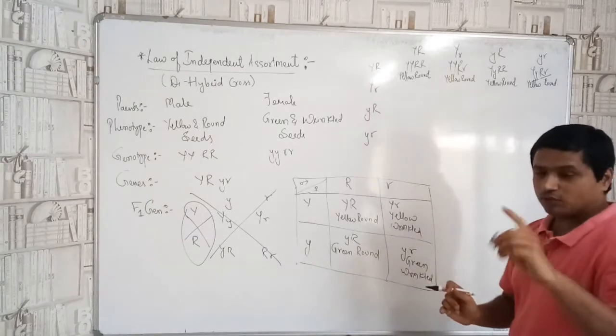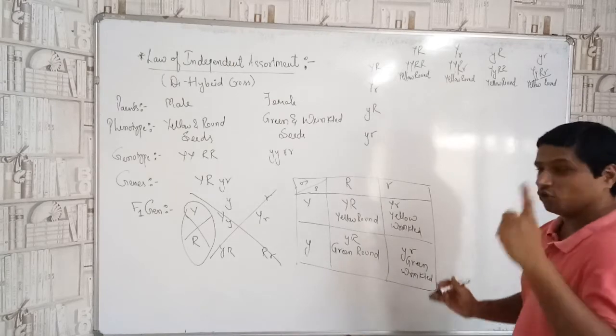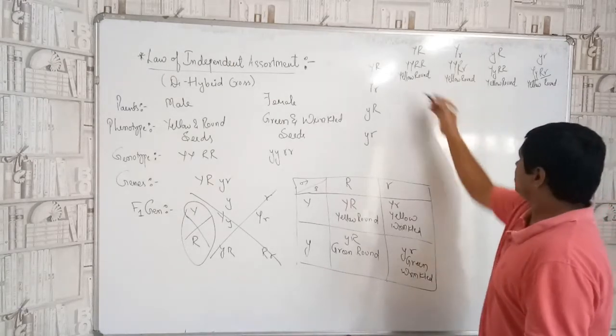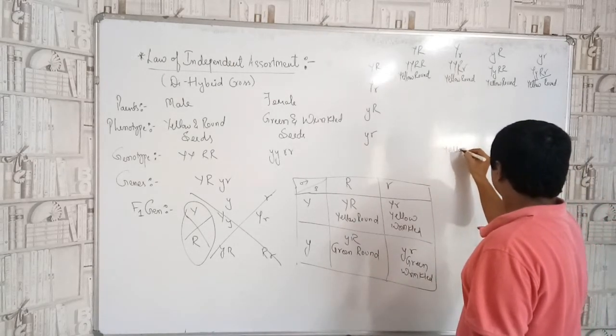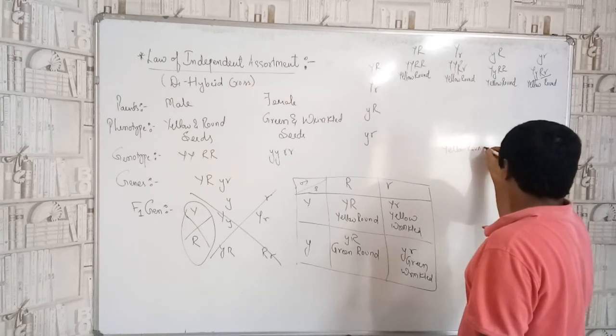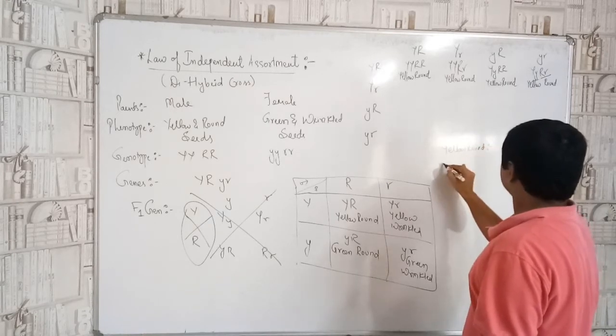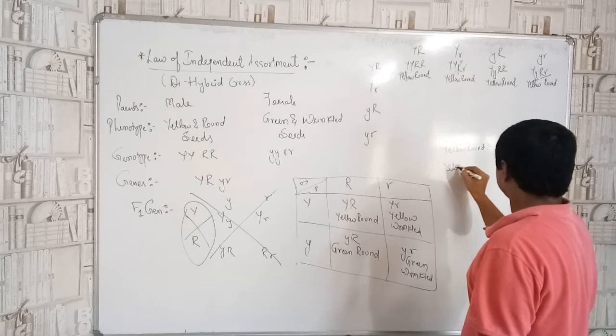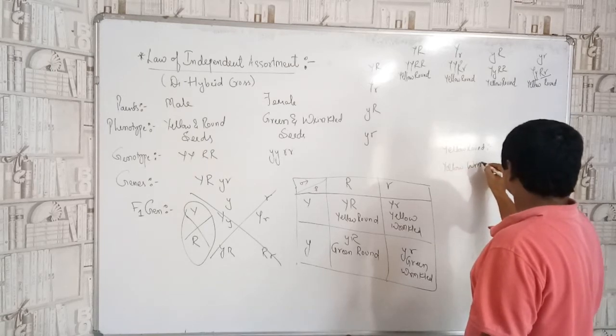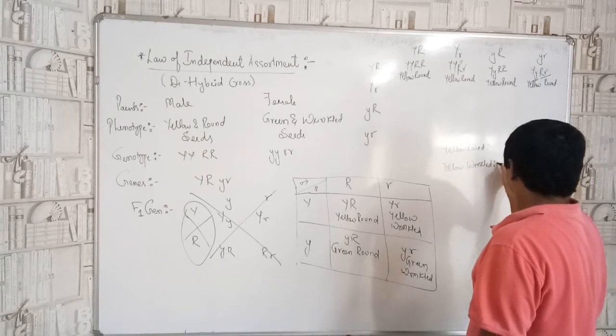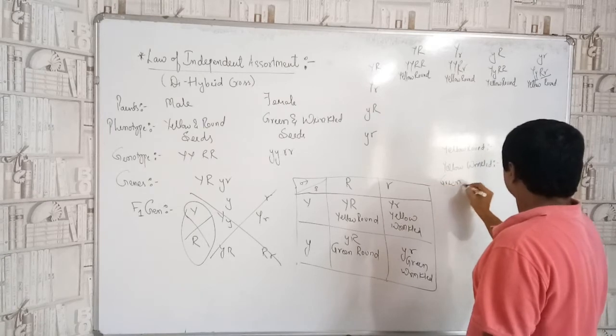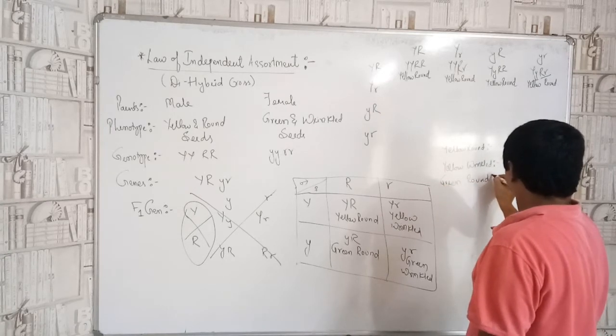Now, what you have to do is you have to calculate the phenotypic ratio. That is yellow round. Yellow round कितने हैं? Then the yellow wrinkle कितने हैं, children? Then the green round कितने हैं यहाँ से?